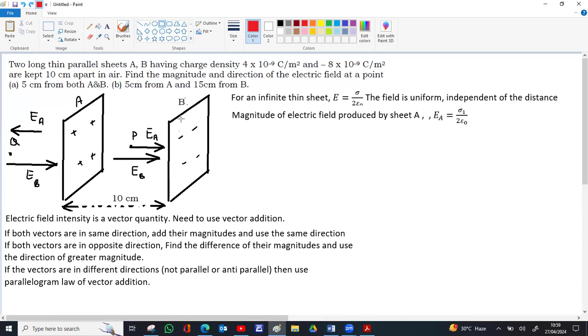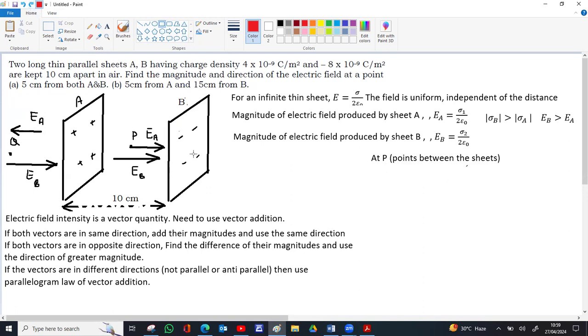Now if you take point P, these are the magnitudes of EA and EB: sigma A by 2 epsilon 0 and sigma B by 2 epsilon 0. For point P, both are to be added, with magnitude towards the right. So sigma A by 2 epsilon 0 plus sigma B by 2 epsilon 0, added up.